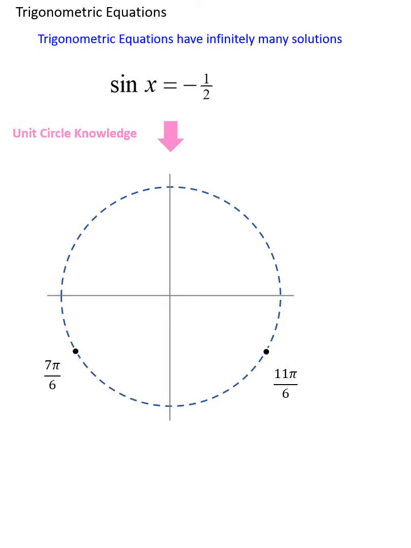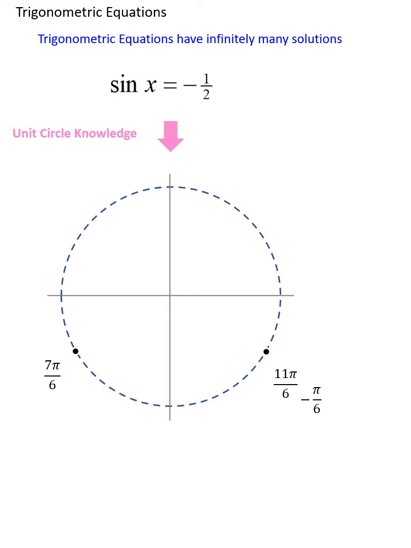But trigonometric equations actually have infinitely many solutions in most cases, because not only are 7 pi over 6 and 11 pi over 6 solutions here, as our basic unit circle knowledge would dictate, but so are any arcs or angles that are coterminal with either of those two. For example, negative pi over 6 is coterminal with 11 pi over 6, and therefore that's also a solution.